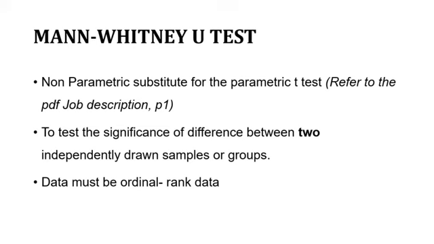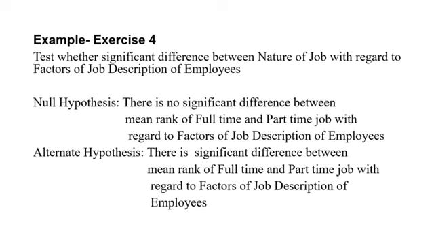To see an example for this, I have already explained the example, but a classical example: a test whether there is a significant difference between nature of job in one particular variable. I think this will not be a very good example, because you may not understand the scenario. It's the difference between nature of job.